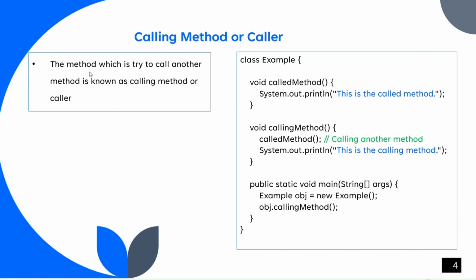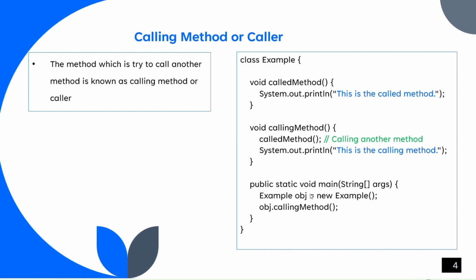The method which is trying to call another method is known as a calling method or caller. Here we are calling another method, the called method, which is considered as calling another method.